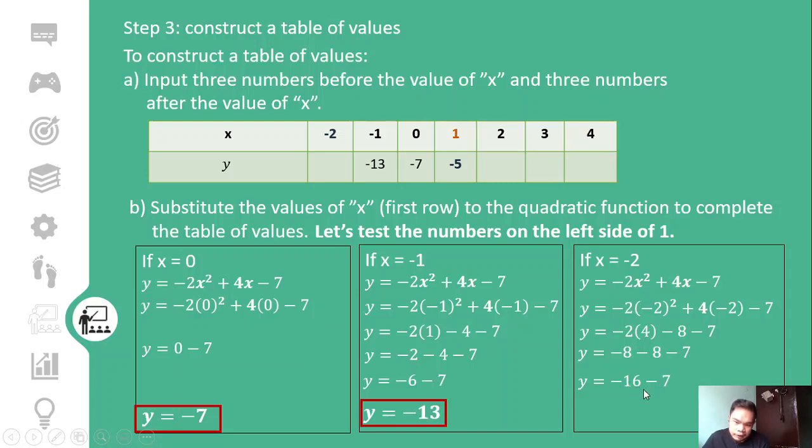And again, parehas sila ng sign. Again, ipag-add natin yan. So, -16 plus -7 is equal to -23. So, therefore, if x is equal to -2, then y equals -2x squared plus 4x minus 7 is -23.